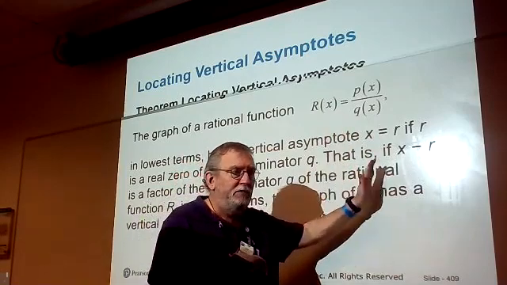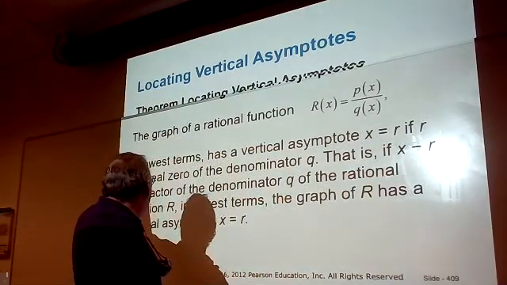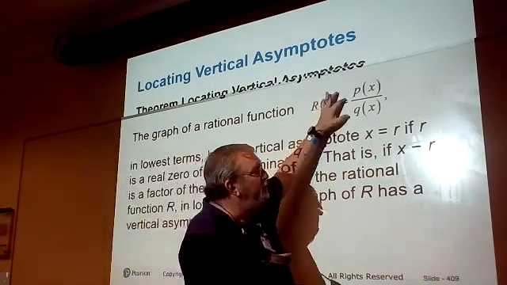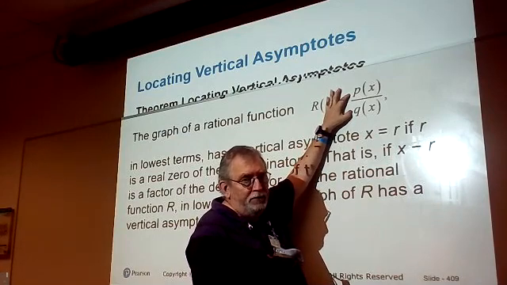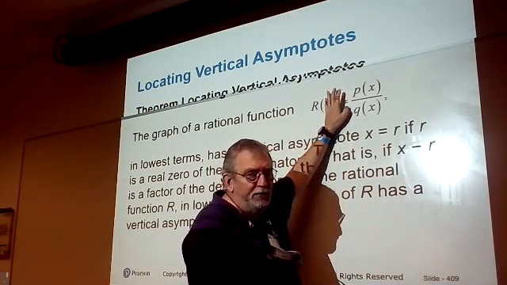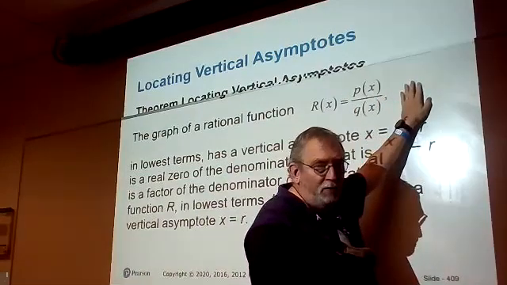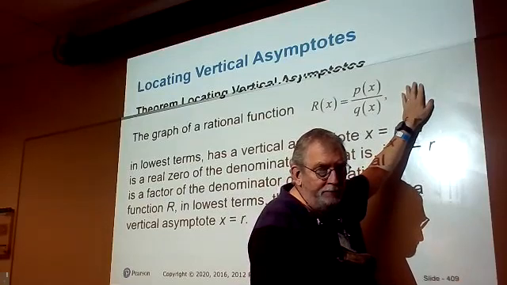And that gives us our vertical asymptote, provided we reduce the fraction. So that means we're going to have to do factoring here. So we're going to look at the function both in the unfactored form and the factored form to determine things about the function.